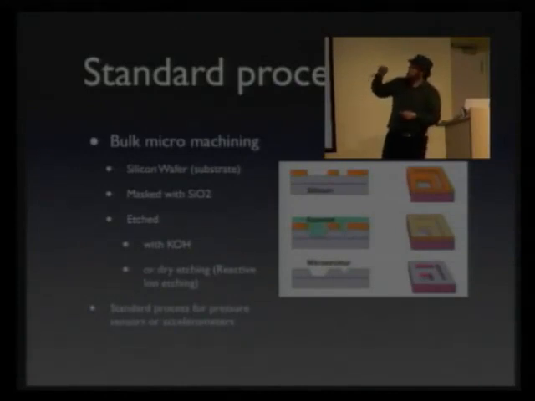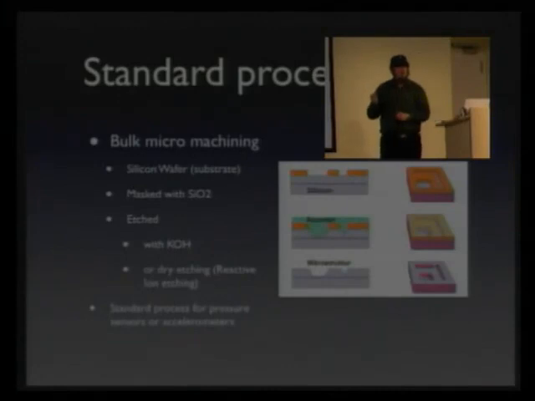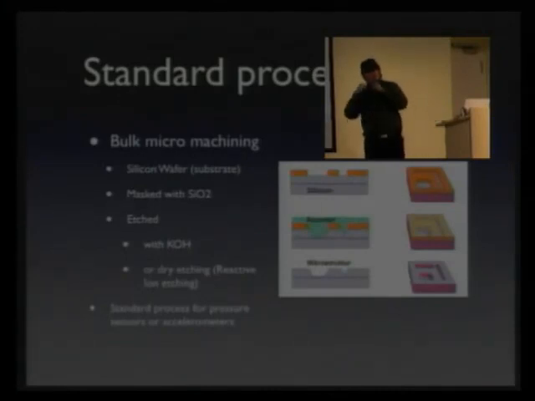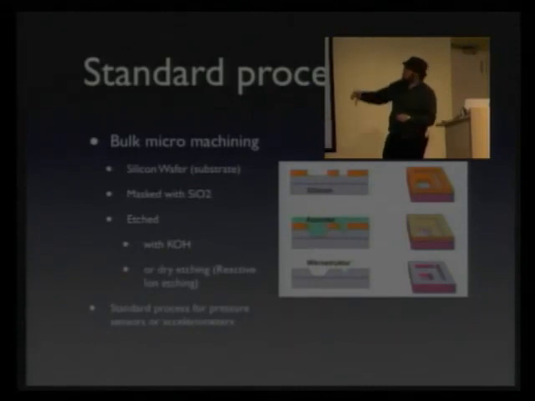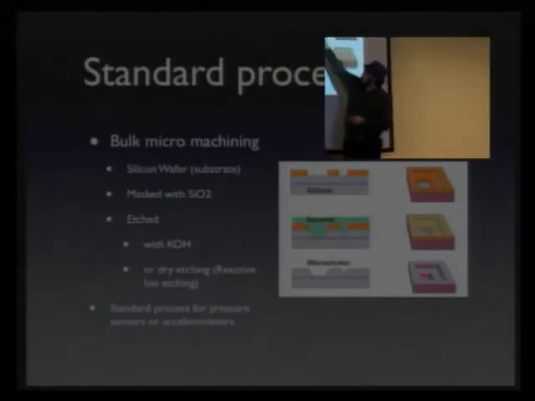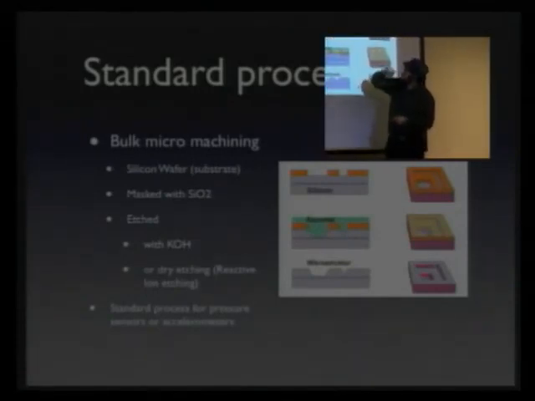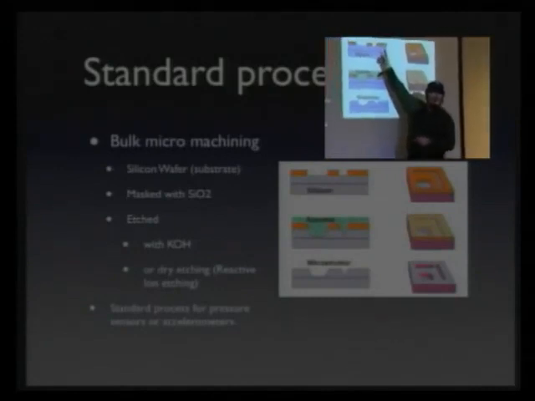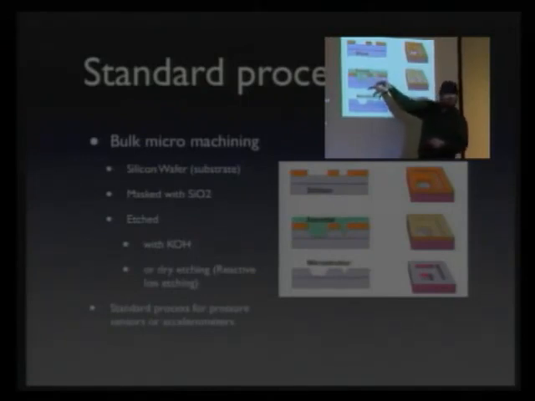And then you take HF and etch the glass open, and then you can use KOH etch to structure the material below. Because when you etch with HF, it will stop here on the silicon, it won't etch the silicon, and then you take KOH to shape the structure below in the silicon.